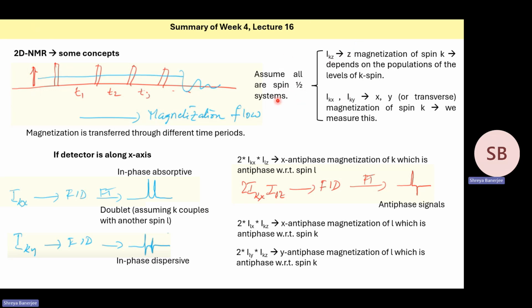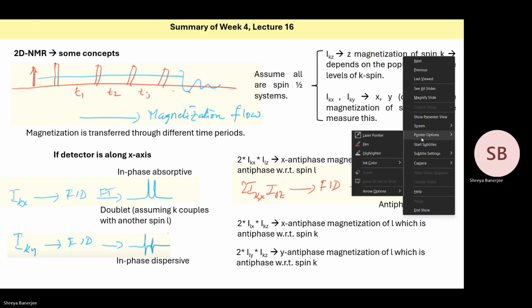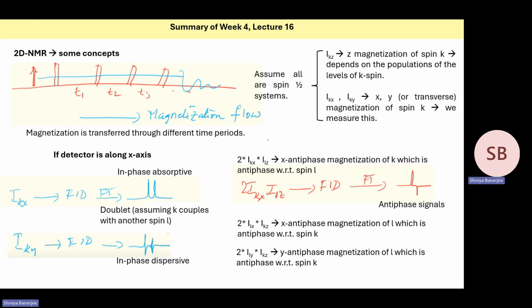Now there are certain terms which I will define. One is IKZ. This refers to magnetization in the Z direction of spin K. As you know, spin K will have two energy levels, alpha and beta.